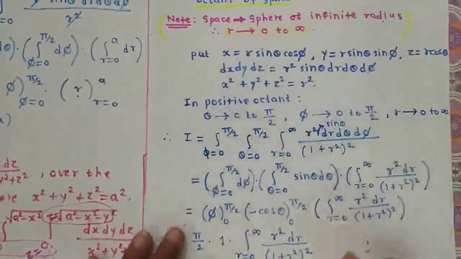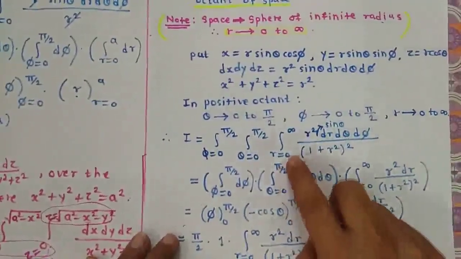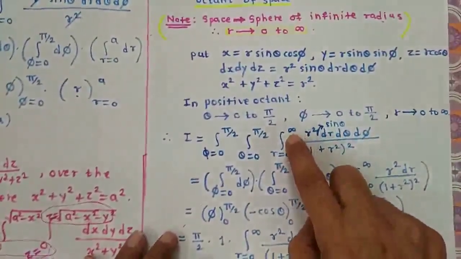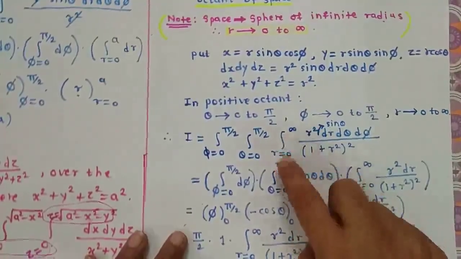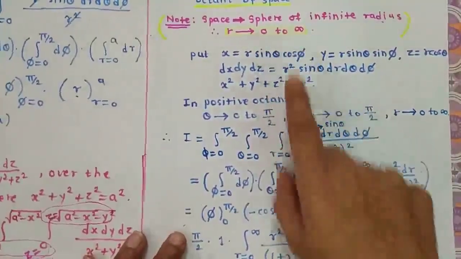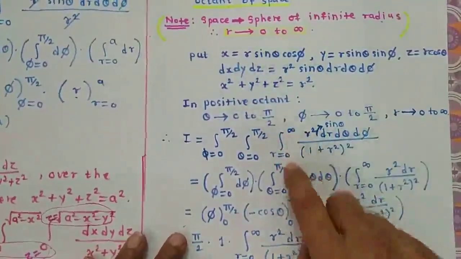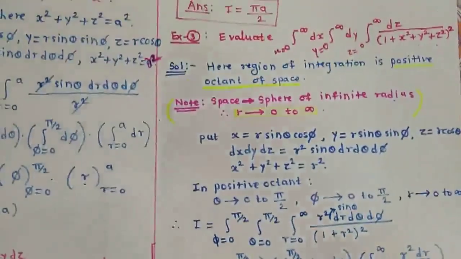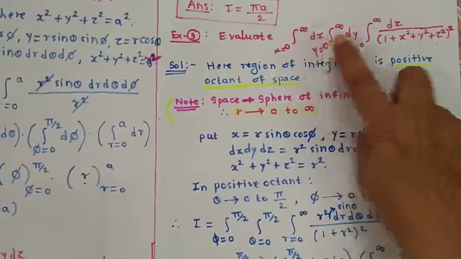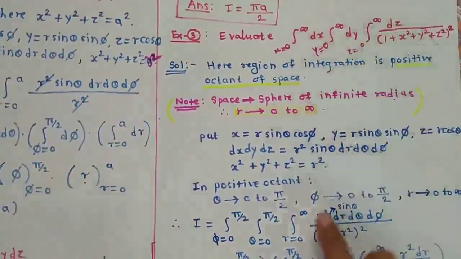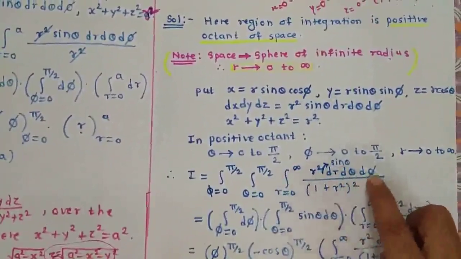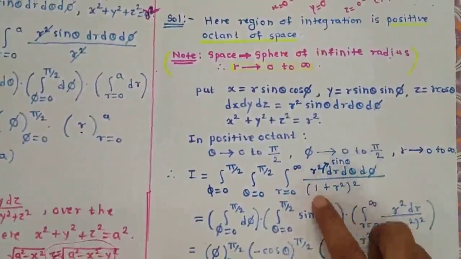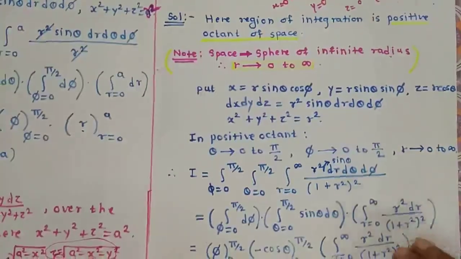And r varies from 0 to the radius of the given sphere. Since here the region of integration is space, r varies from 0 to infinity. Then we replace dx dy dz by r square sine theta dr d theta d phi, and the denominator becomes 1 plus r square whole square.